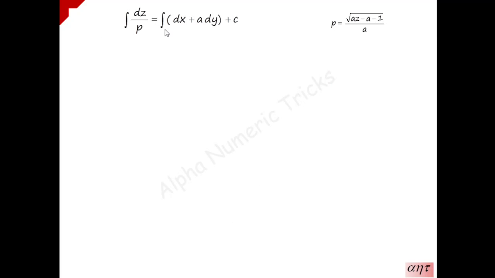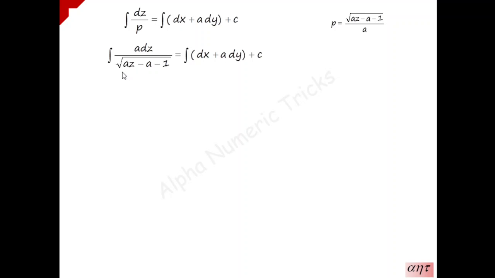That is, dz by p is equal to, taking p to the denominator, integral dx plus a dy plus a constant of integration, where p is equal to root of az minus a minus 1 divided by a. When substituting this, a goes to the numerator.